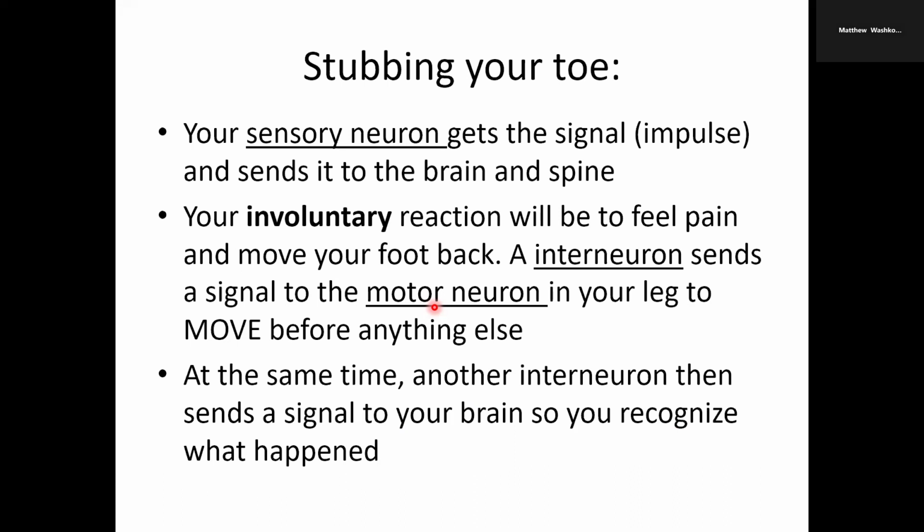That is a reflex arc, okay? How that happens is it sends that signal to the motor neuron to your leg to move before anything else happens. But at the same time, that signal's also going to your brain, which is then going to process the pain, process the information, and then make a decision that you voluntarily act on.